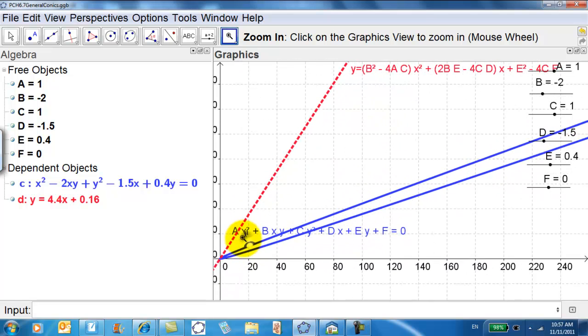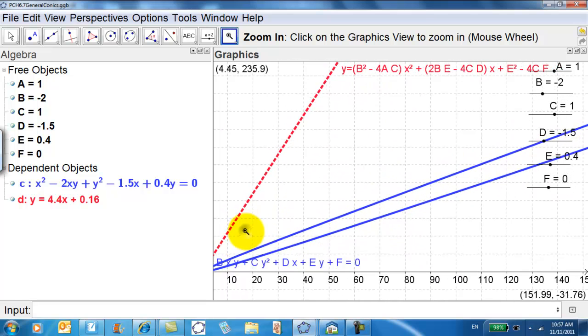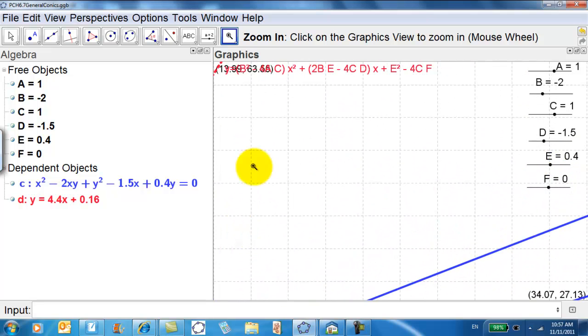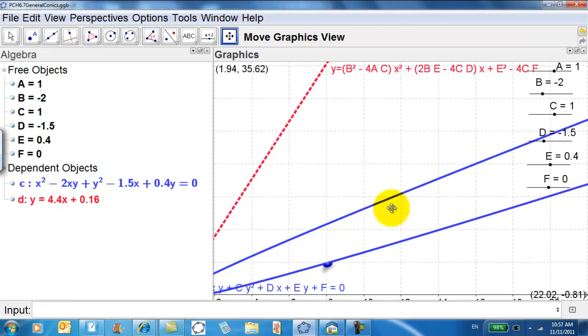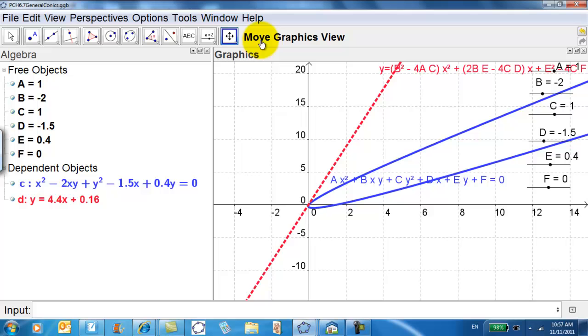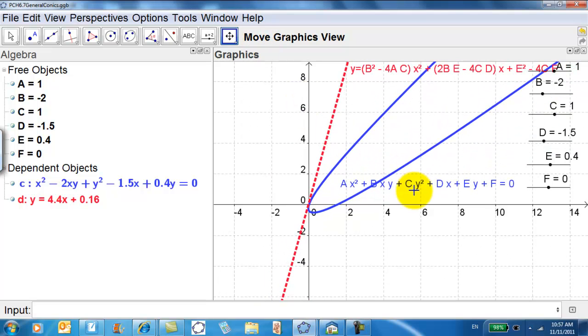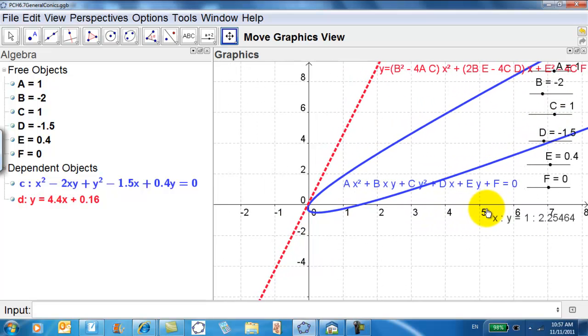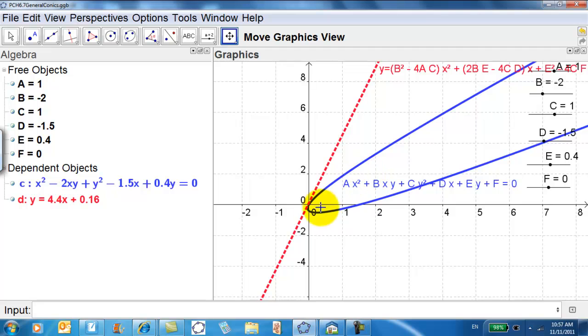Gotta be careful not to be touching one of the equations as you're zooming in, or it tends to start drifting over. And we can zoom a little more here. So this line goes through about 0.16, so we get a little bit over here. And there's your parabola.